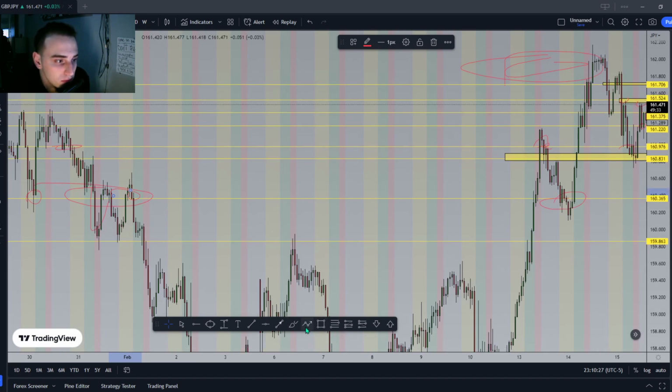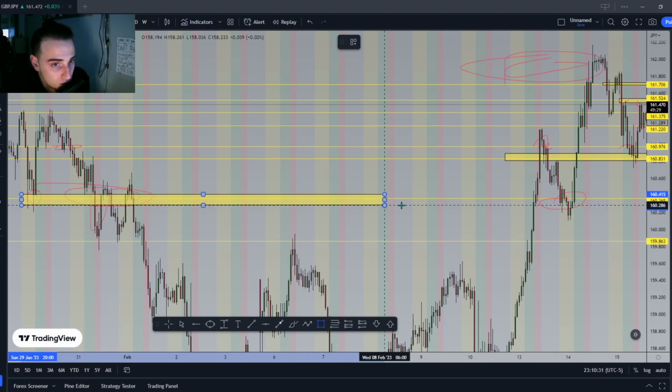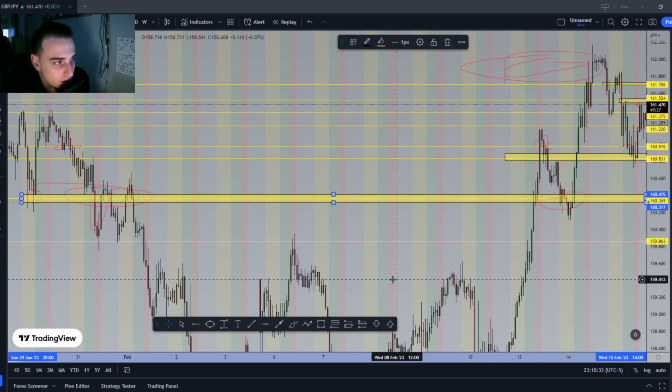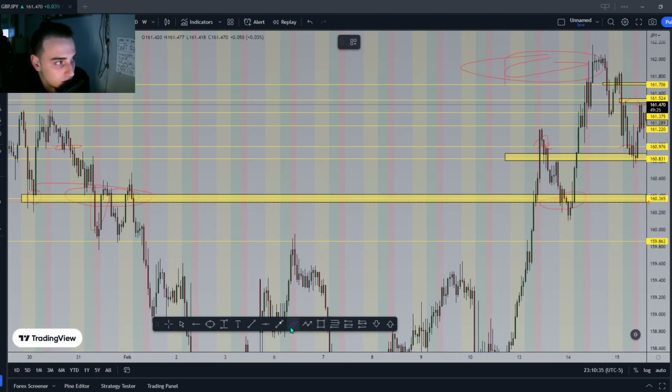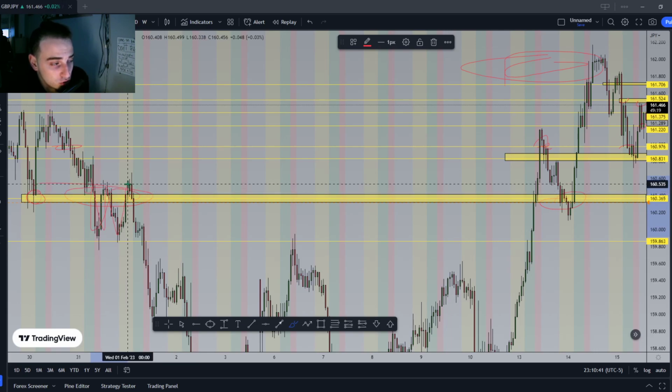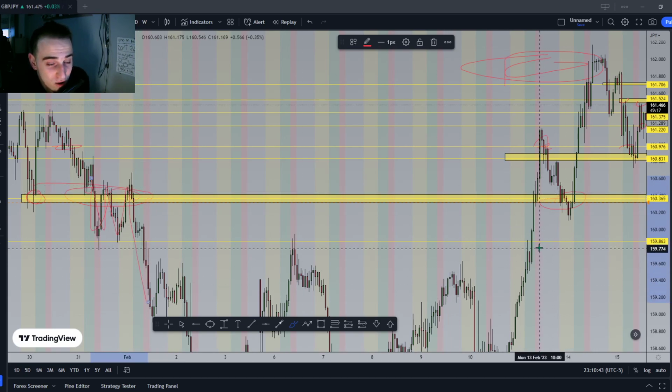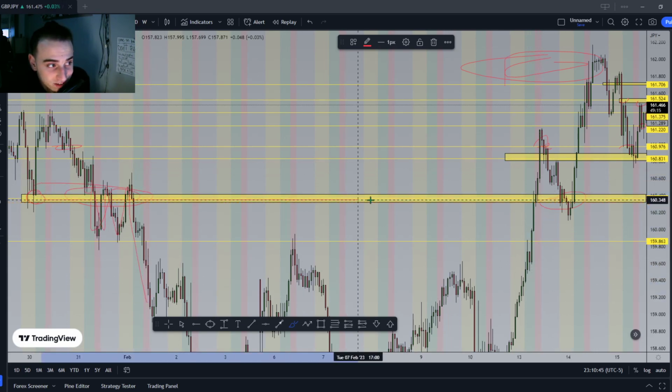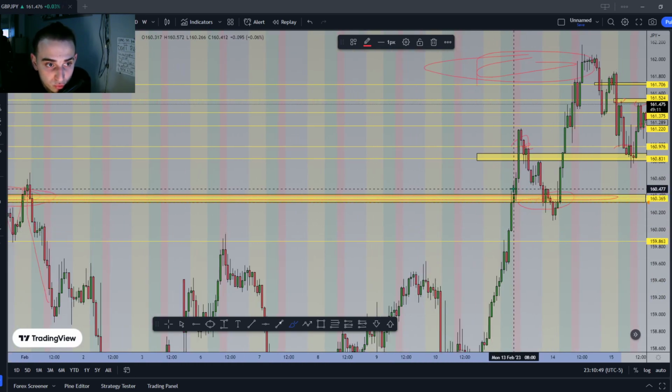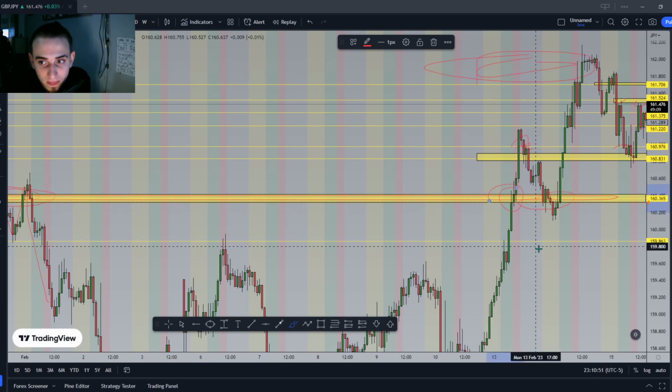Right here, this zone right here. This used to be support. Support, it broke. Retested it 2 times, and now this became a resistance, right? So we were supposed to respect right here, and we didn't.